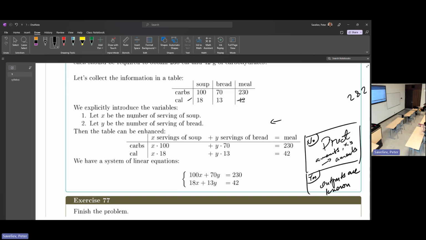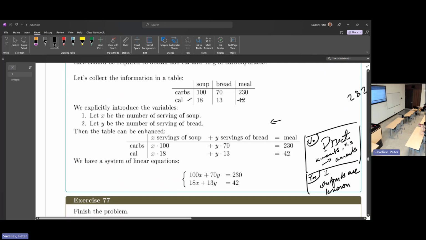But alternatively, you can go backwards and tell it this is how much carbs and how much carbohydrates I want to have, and it tells you how much of the soup and the bread you should have. The opposite problem. Rather than the direct, well, actually the word is inverse.